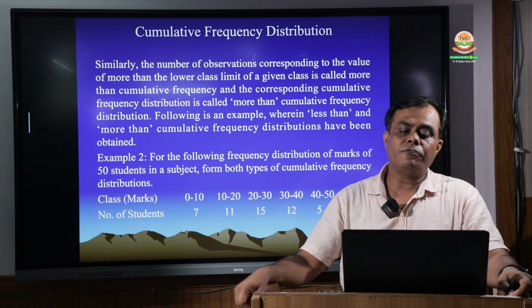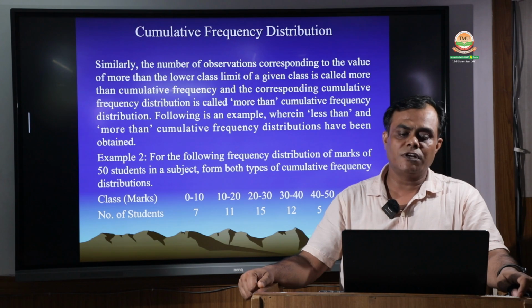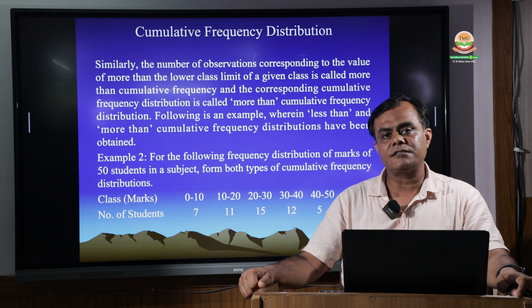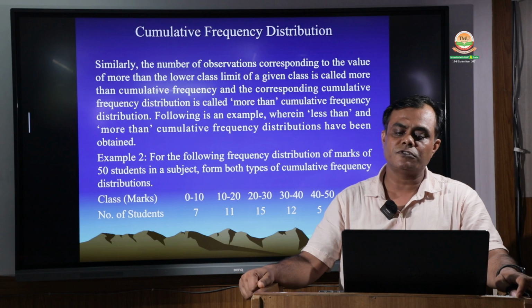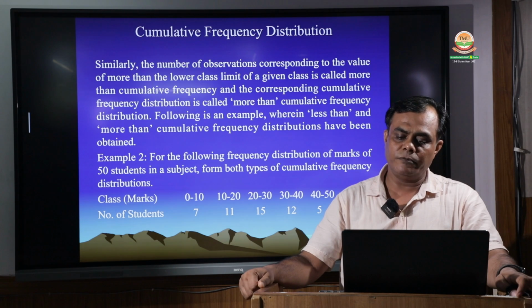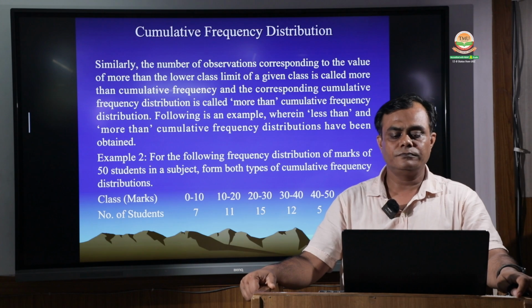Similarly, the number of observations greater than the lower class limit of a given class is called the more than cumulative frequency, and the corresponding distribution is called the more than cumulative frequency distribution. Following is an example wherein the less than and more than cumulative frequency distributions have been obtained.